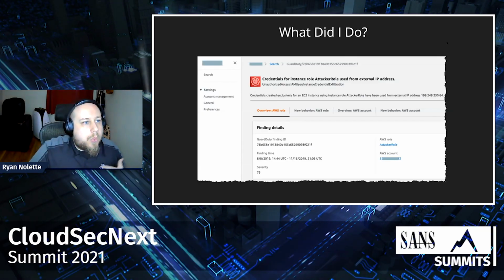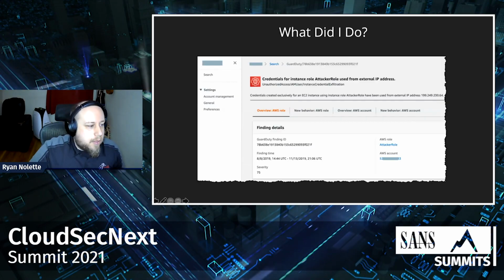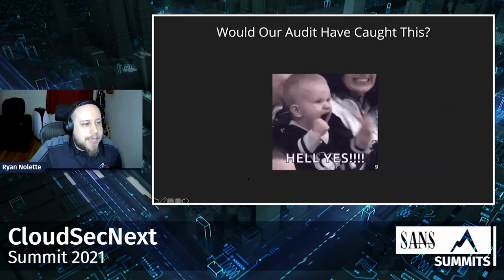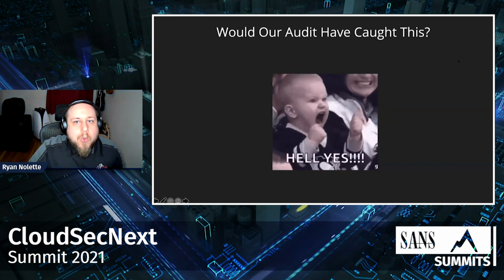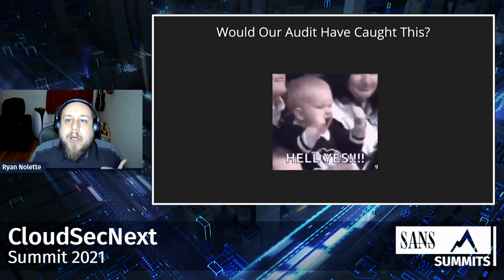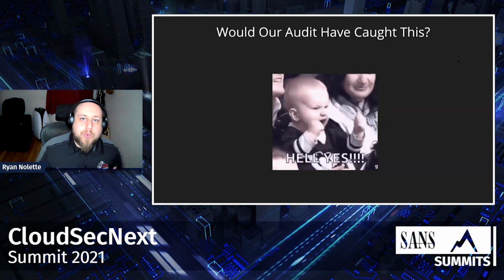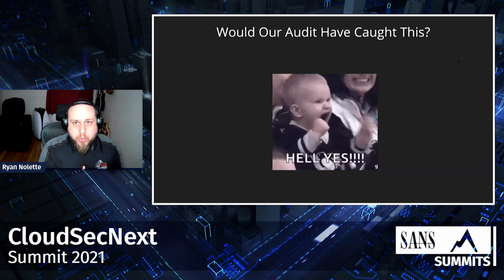And what we care about is, would we have seen this in our audit? Well, yes. Yes, we would have. And how do I know that? Well, number 8, if you guys remember, was identify all the permissive policies attached to roles. So what we can do with that is find overprivileged roles, right?